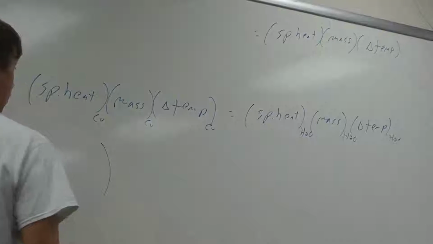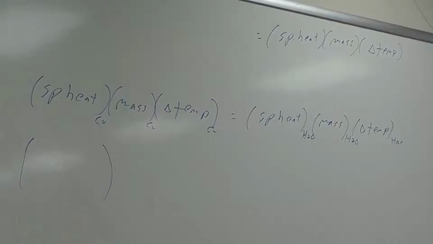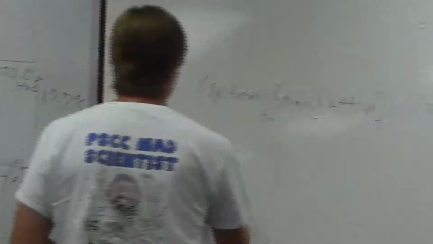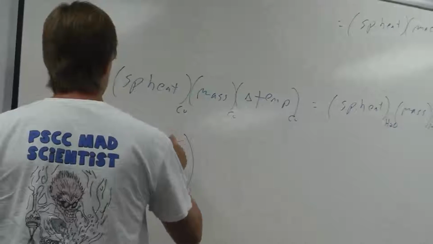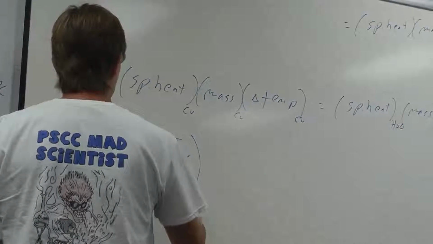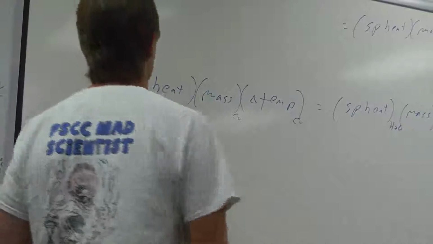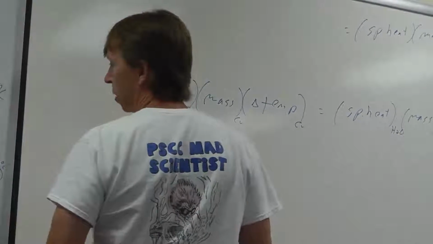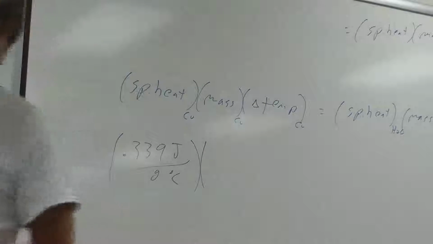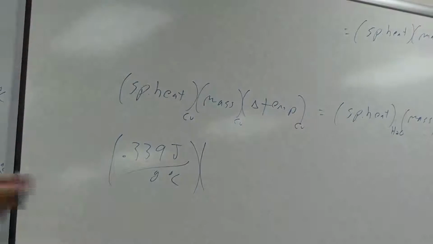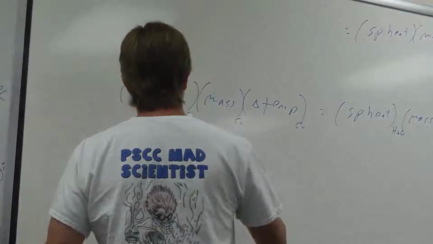Specific heat of copper is given in the problem, 0.339 joules per gram degree Celsius. Mass of copper is not given. Mass of copper is what we're solving for.